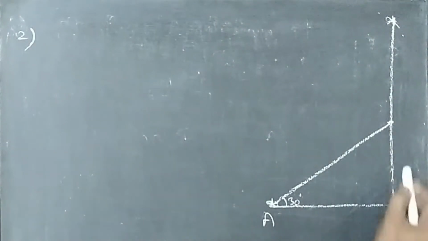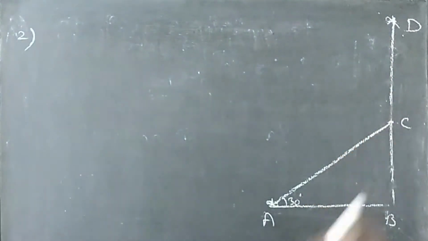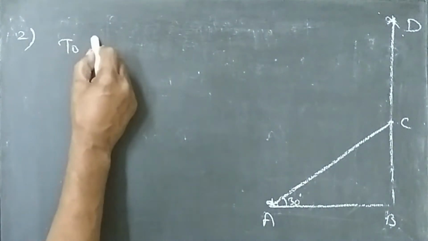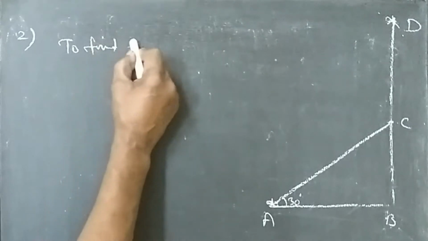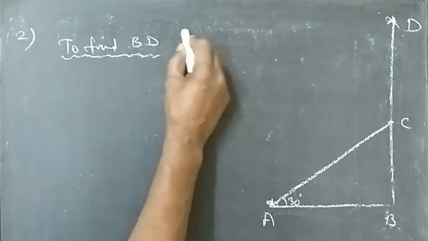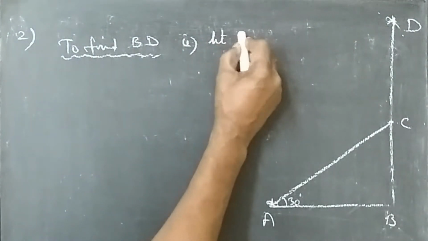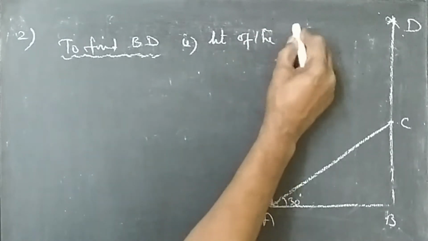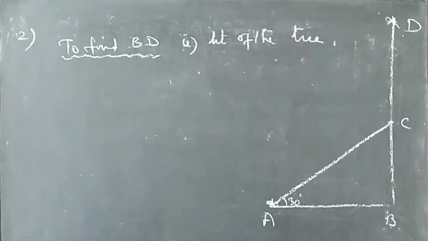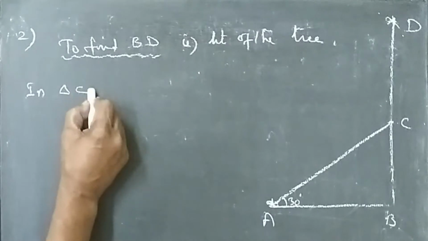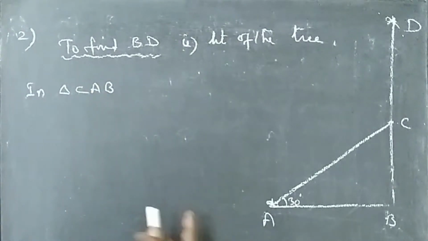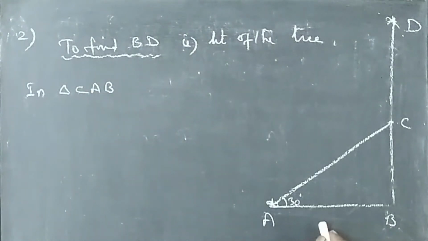A, B, C, D. Here to find BD, that is the height of the tree. Triangle CAB, AB is given, how much? 8 meter.